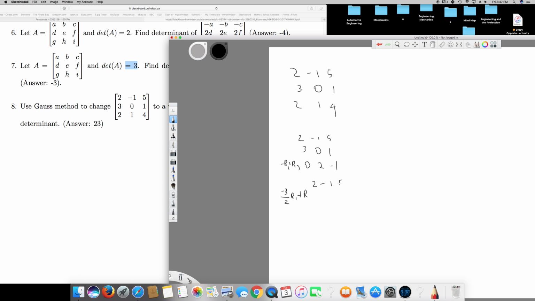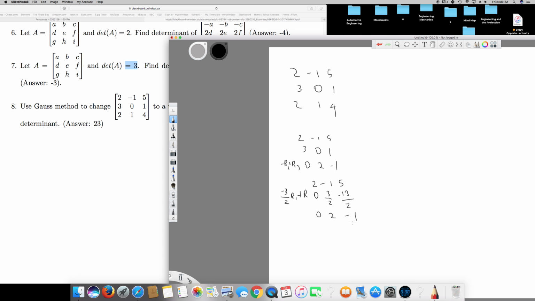So the second one is going to be 0, and minus 3 by 2 times minus 1 is plus 3 by 2, plus 0 is going to be 3 by 2. Then minus 3 by 2 times 5 is going to be minus 15 by 2. Minus 15 by 2 plus 1 is going to be minus 13 by 2. Then the third one is 0, 2, minus 1.